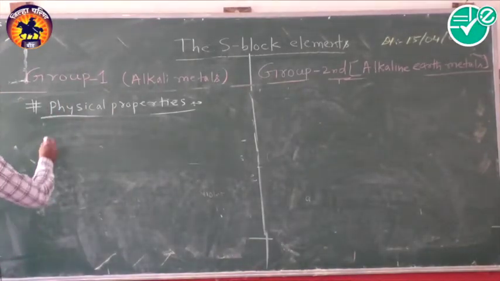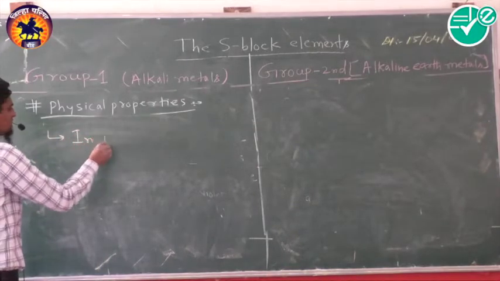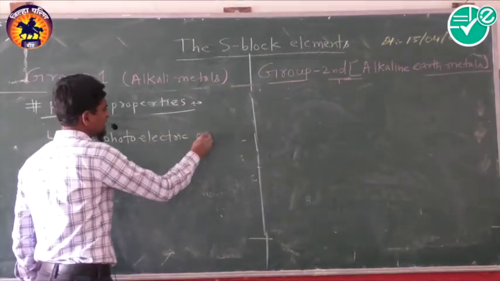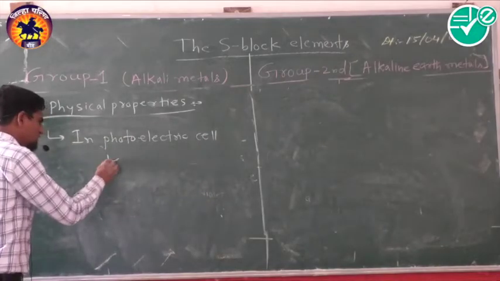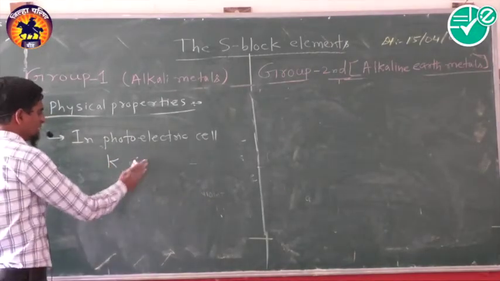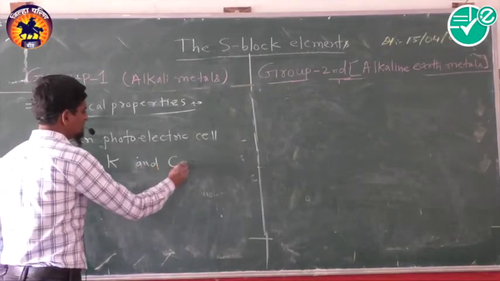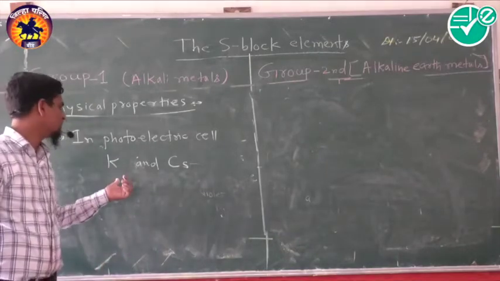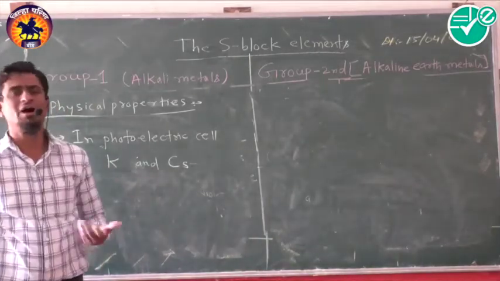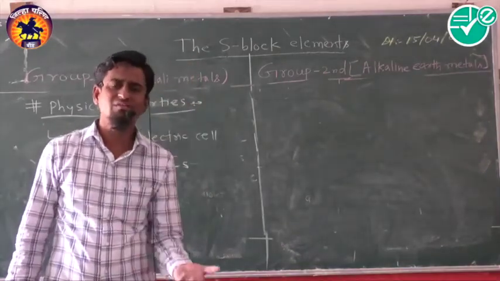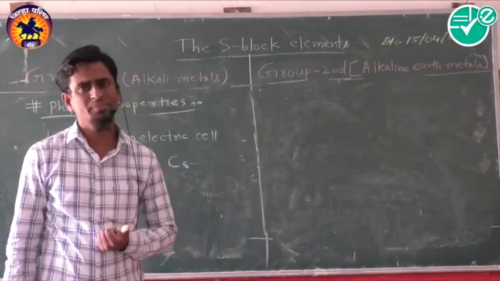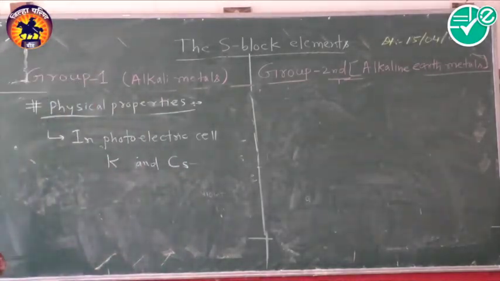In a photoelectric cell, potassium and cesium metals are used, because their ionization enthalpy is very, very small. From there, you can eject electrons easily. So remember these two elements. Clear? Okay, come to the next.